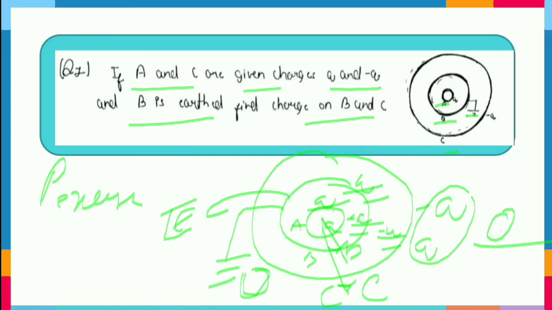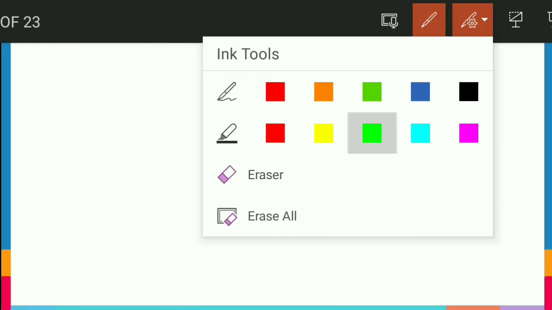So friends, let's find out. Potential at P, what we can write, due to the first shell, is equal to kq by small b, because we have to take a distance up to b. Now due to this shell b itself, it will have 0 because it has plus q and minus q at the same distance, so it will just cancel out.